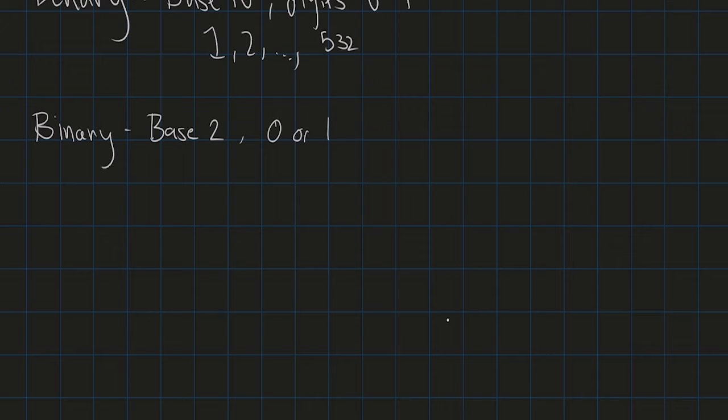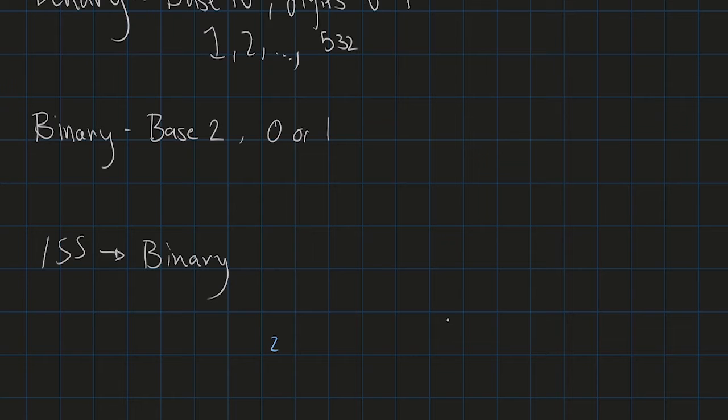So let's say we wanted to represent a denary number. Let's say we wanted to convert 155 to binary. What would we do? To start off, we would make a header.